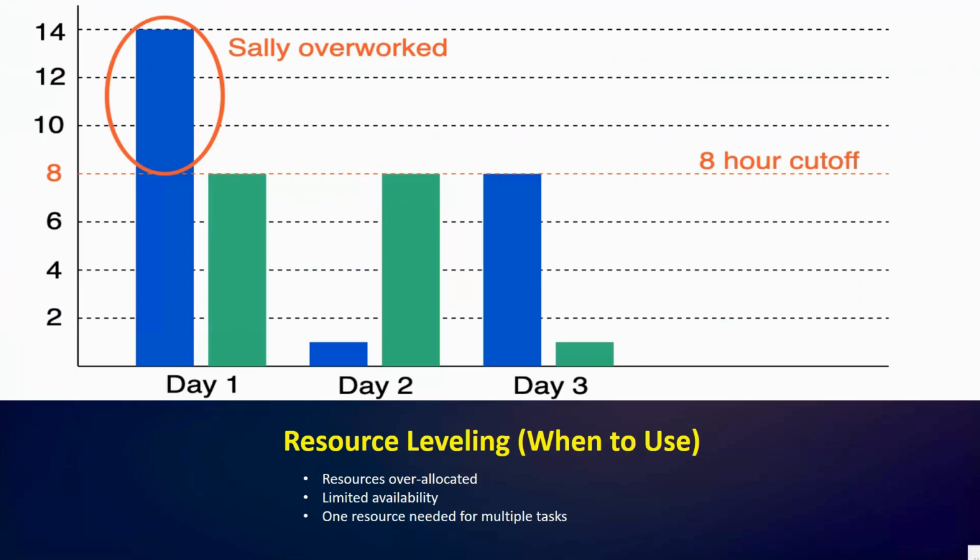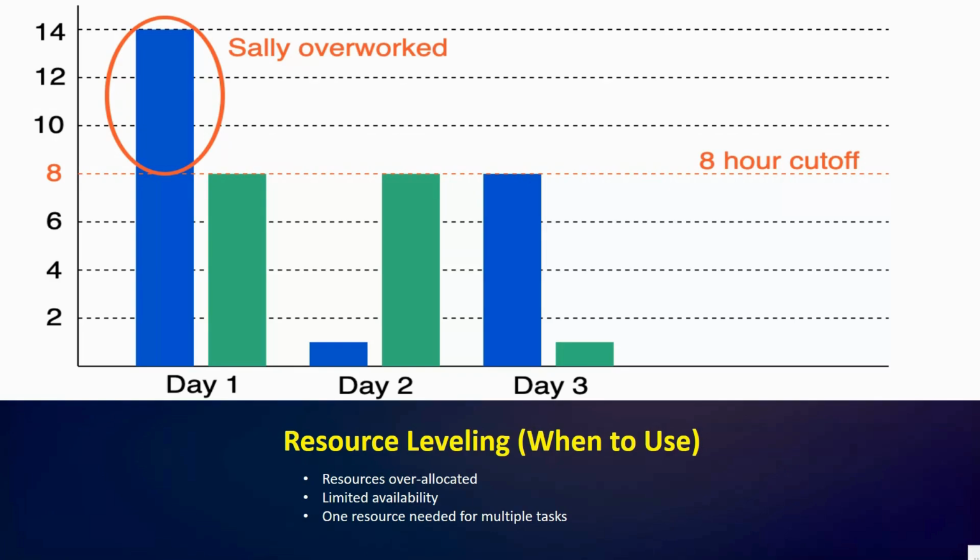Next, when to use resource leveling. When should it be applied? When resources are over-allocated, meaning they are scheduled for more work than they can handle at the same time.